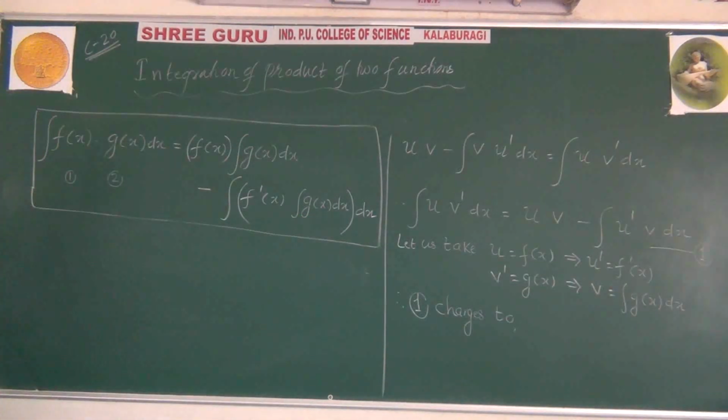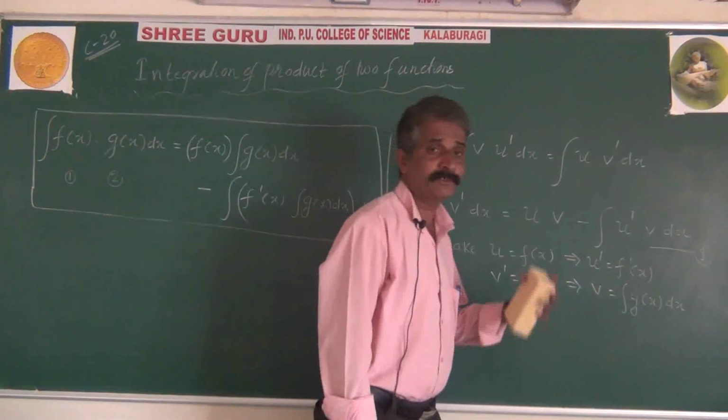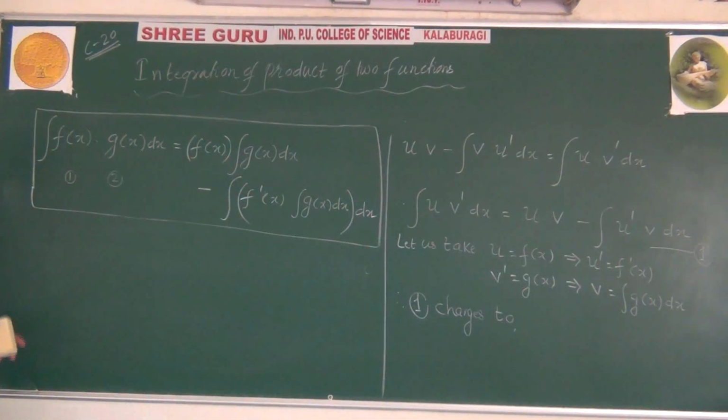That will be the actual formula for integration of product of two functions. So before we start problems on this type, we make out some important points on this formula. Right? Important points of integration of product of two functions.